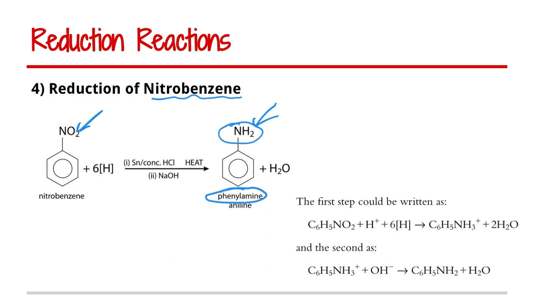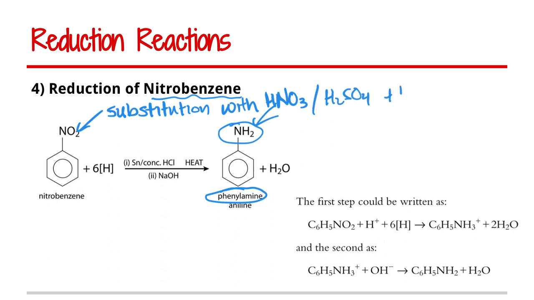We've seen nitrobenzene before because you can make it through a substitution reaction with nitric acid as well as sulfuric acid, reacting that with benzene, and that's going to create your nitrobenzene. So then we can take our nitrobenzene and reduce it to create this phenylamine.